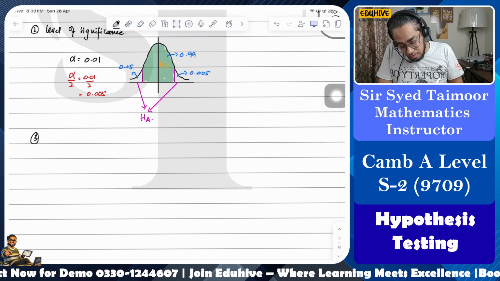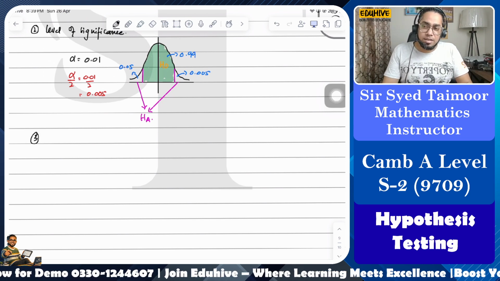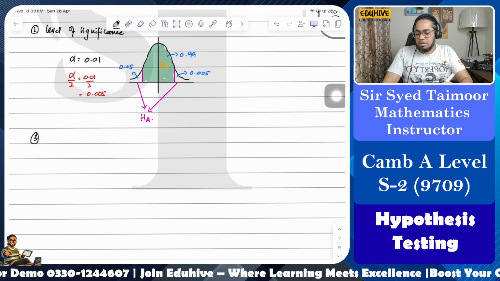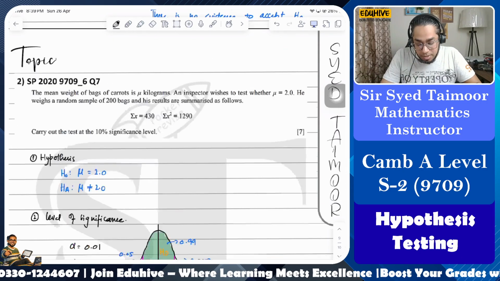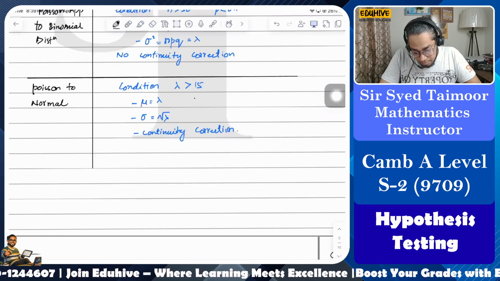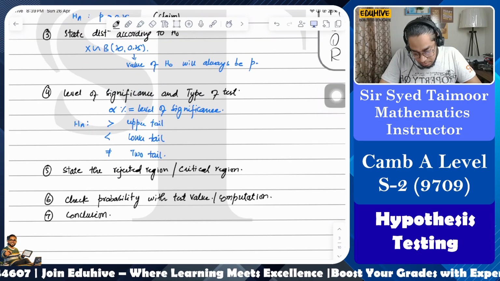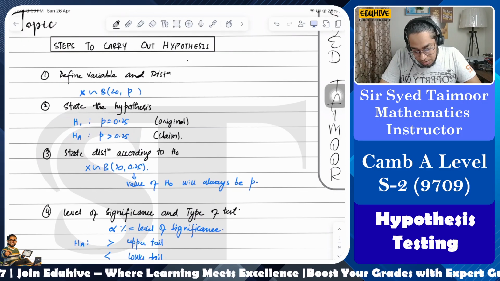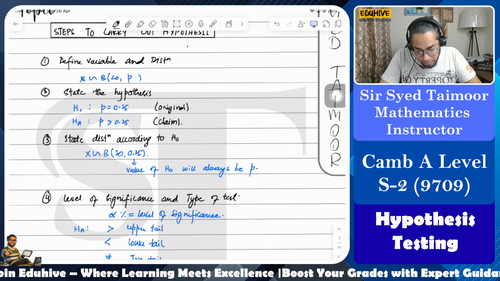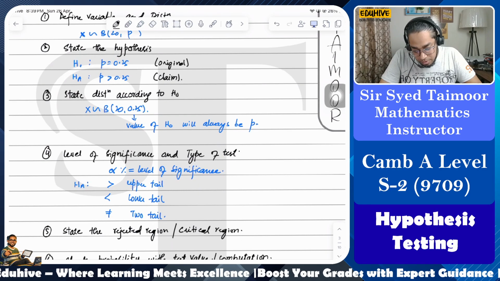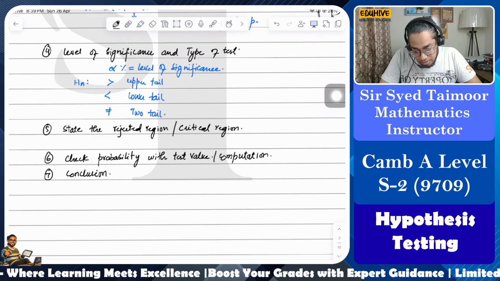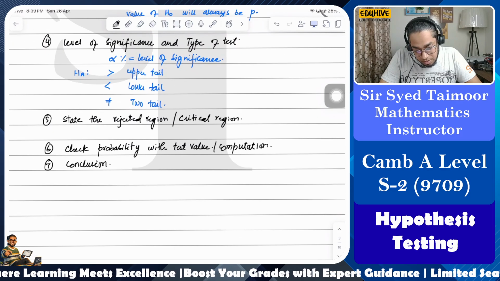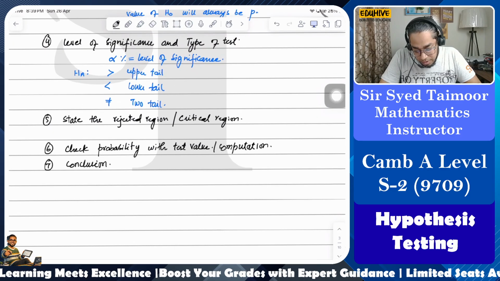And third step is what? Test statistics or computations? What was the third step? I forgot. State the hypothesis. Define. We did not define the distribution. State the hypothesis. State the distribution according to H naught. Level of significance, done. State the rejection region, critical region. We have done that.